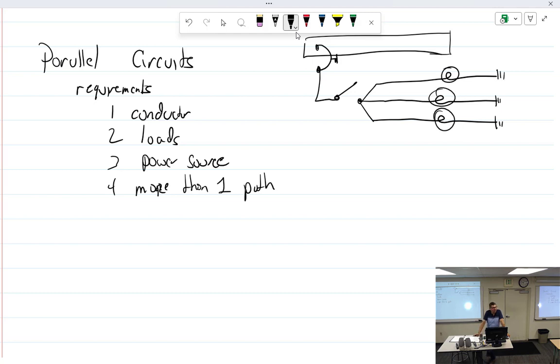So that would be the proper way of doing it. So I guess in a way you could say it's series parallel. The lights are all wired in series with the switch, in series with the circuit breaker.